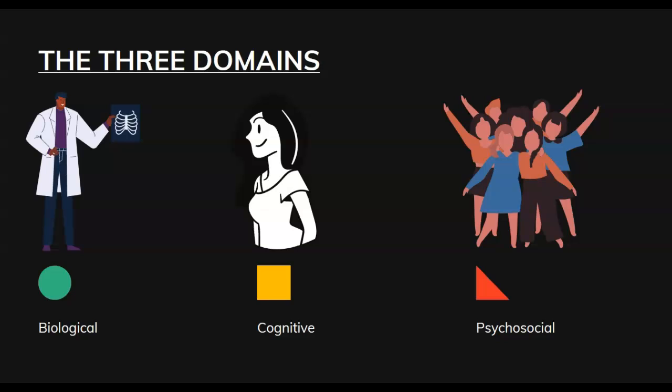And then psychosocial development really has 2 domains. It refers to emotional development, right? Ability to experience, express, and resolve feelings, and to social development, right? Our interaction with parents, interaction with friends, work environment, all those sorts of things.